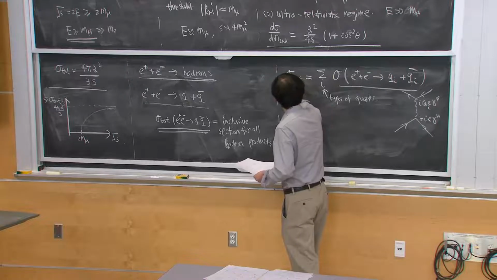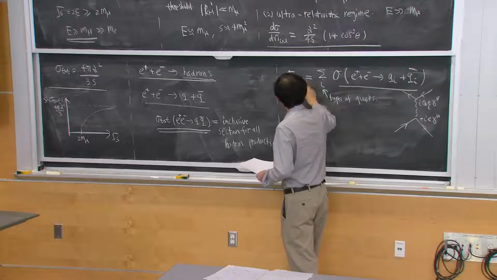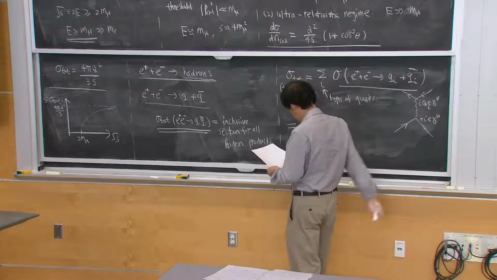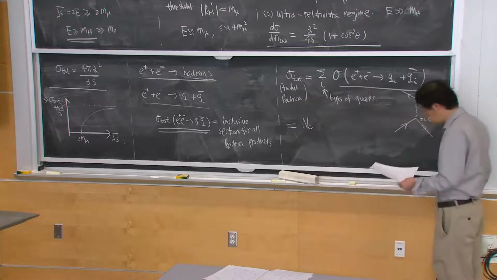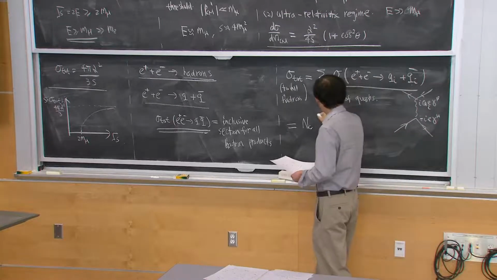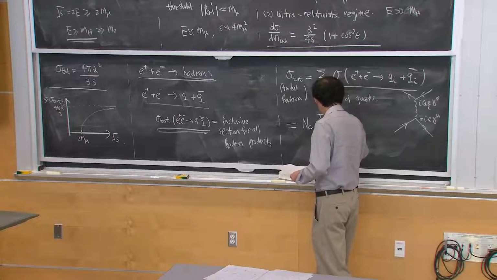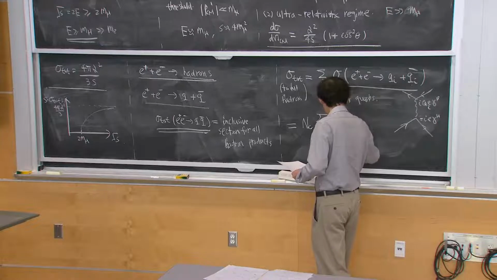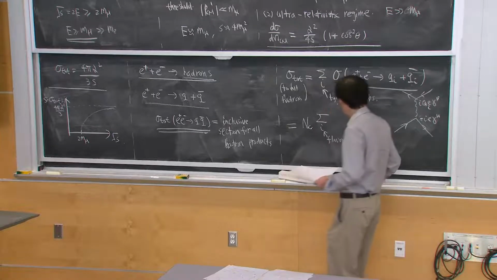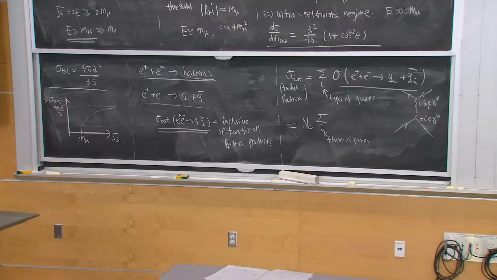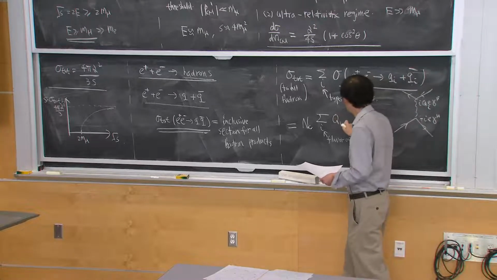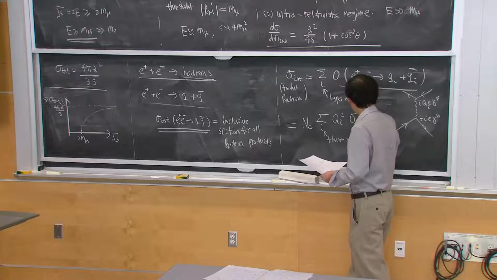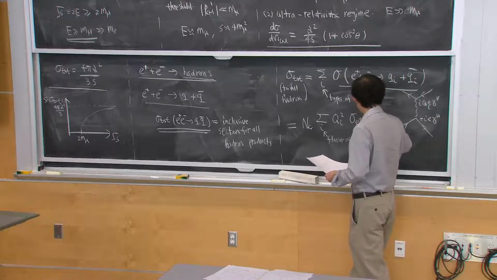So this will be given by a sum over the number of colors, where NC is the number of colors for each quark, and i is the flavor of the quark, say whether it's the u quark or d quark or charm quark, etc. And then you have Qi squared times sigma e plus e minus to mu plus mu minus.